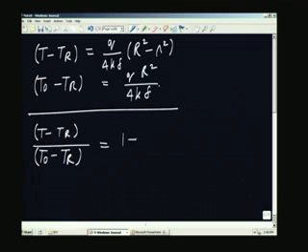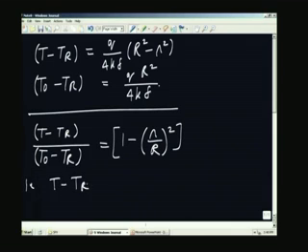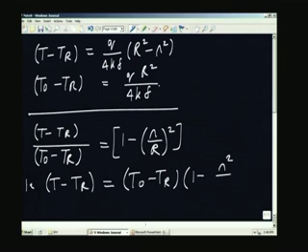So, I will get 1 minus (r by R) whole squared. That is, the temperature at any location in the foil with respect to the periphery temperature is given by T naught minus Tr into (1 minus r squared by R squared). This is a parabolic distribution.